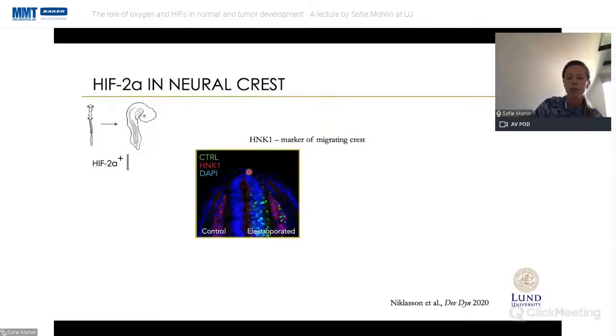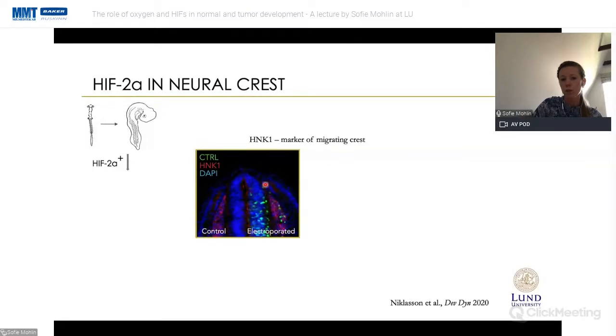So here you can see that we have done one-sided electroporation, which means that we have current across the embryo so that only the cells on this side take up the construct. So the green cells are the ones with our CRISPR construct, and this is a control. When we stain for HNK1, you can see that it's expressed on both the control side and the electroporated side.